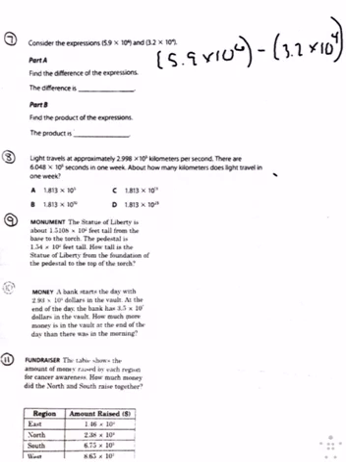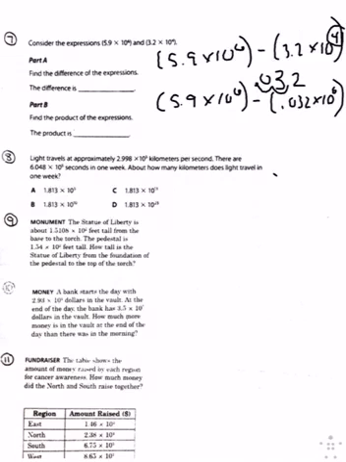I keep the larger one, so I'm going to change that 4 into a 6 by moving the decimal up 2 places. My problem is 5.9 times 10 to the 6th minus 0.032 times 10 to the 6th. When I subtract 5.9 minus 0.032, I get 5.868 times 10 to the 6th power.